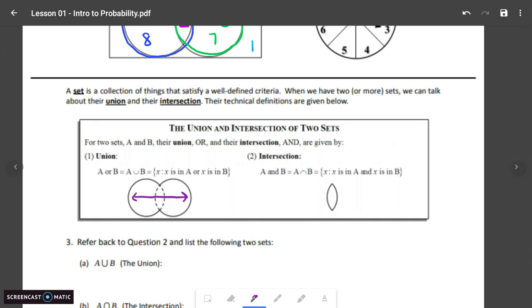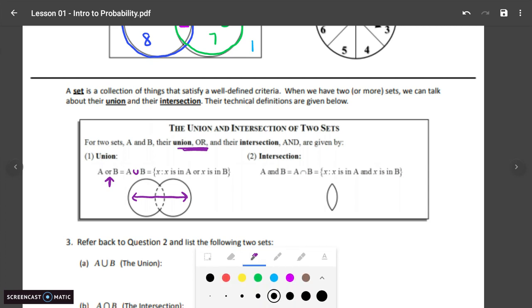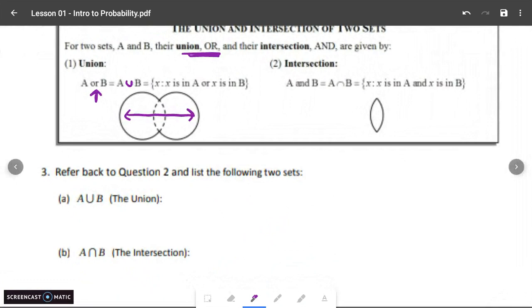The key word for union is or. So A or B is indicated by this U-like shape in between, for union. You can be either even or prime, so it's all of those numbers within the circles. If you can be even or prime, we're looking at 2, 3, 4, 5, 6, 7, 8, because it's any of the possibilities, this or that.